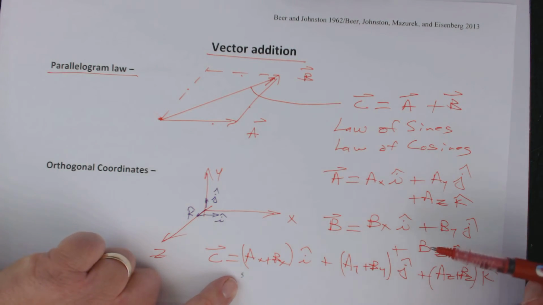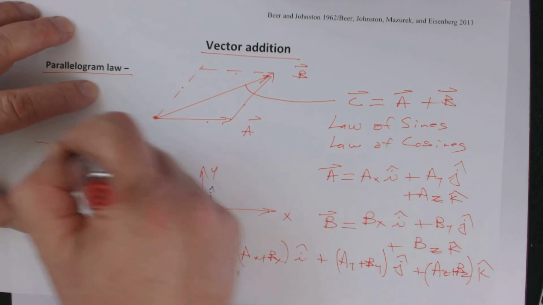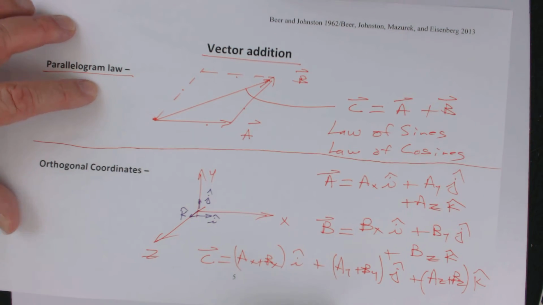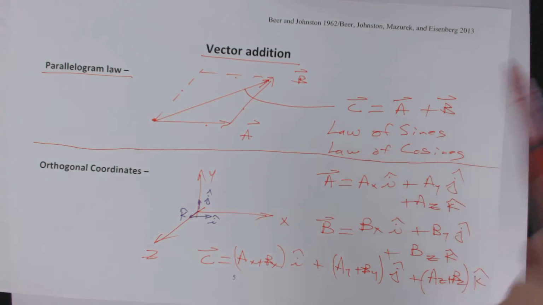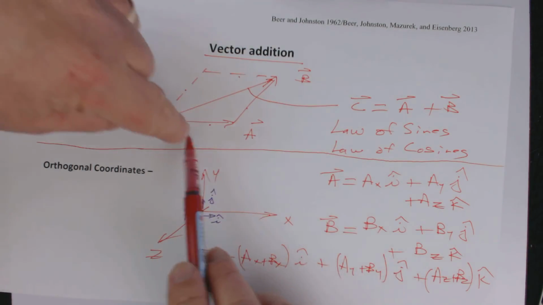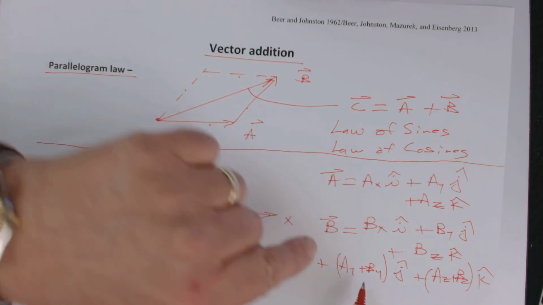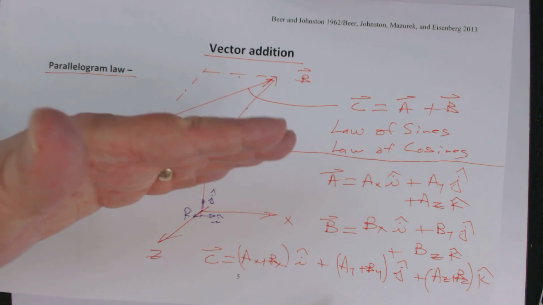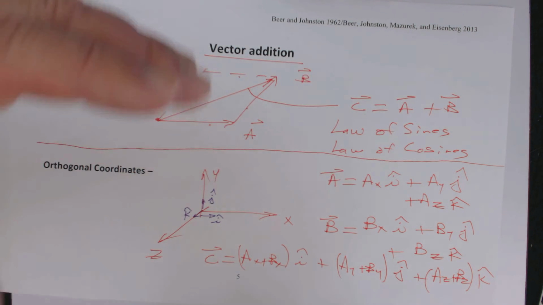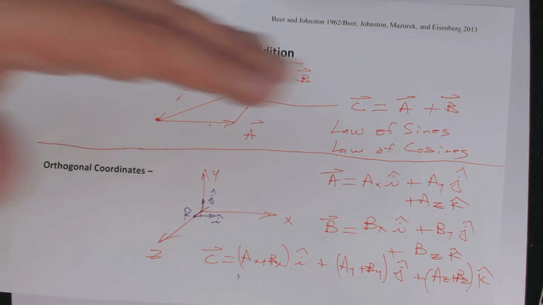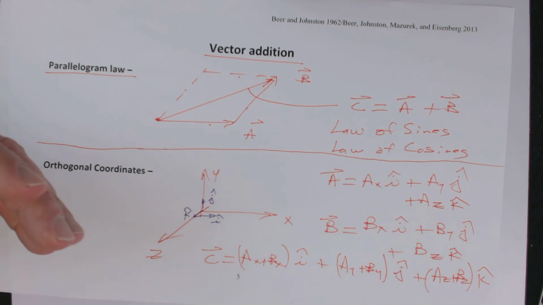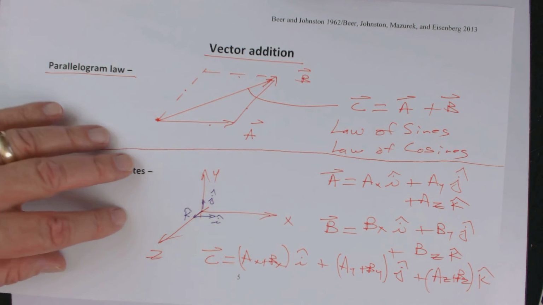Now the advantage over this orthogonal, I'll draw a little line right there to kind of separate us. The advantage of using this approach over this approach is, with this approach, I have to go two forces at a time. With this approach, if I had a C vector and a D vector, I could just take each one of those vectors, write them out as their individual components, slam everybody into the same addition, and I could add as many vectors as I wished.